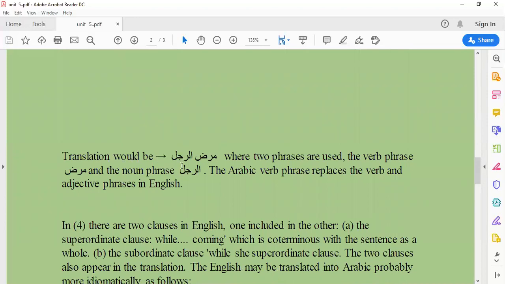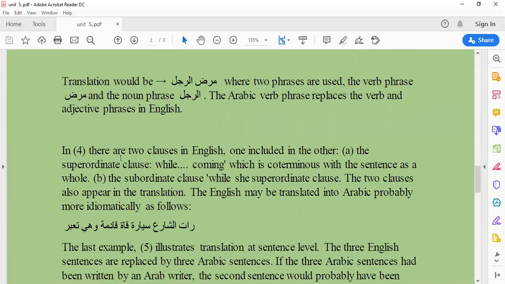The translation would be مرض الرجل, where two phrases are used. The man was ill or fell ill. The verb phrase مرض and the noun phrase الرجل. The Arabic verb phrase replaced the verb and adjective phrases in English.